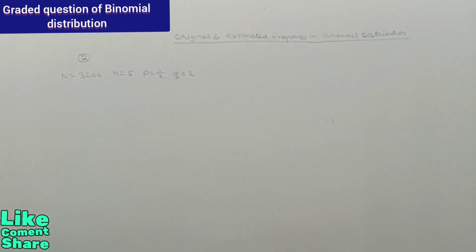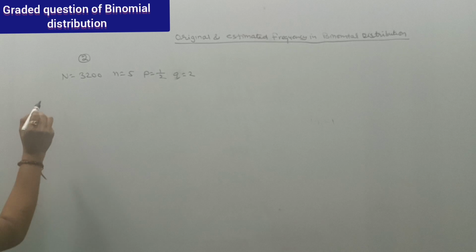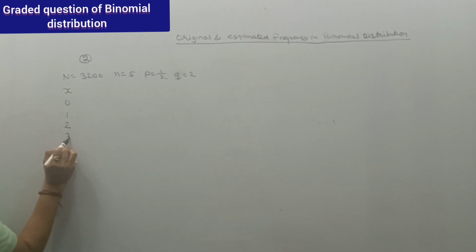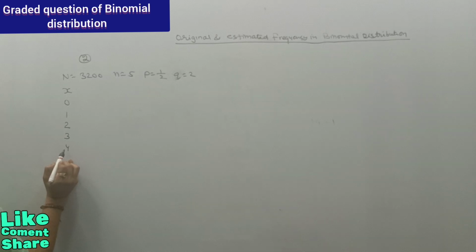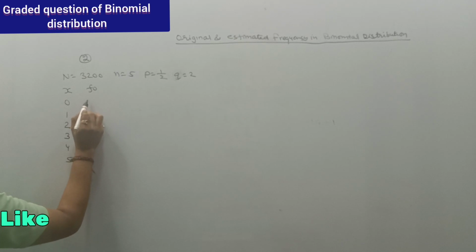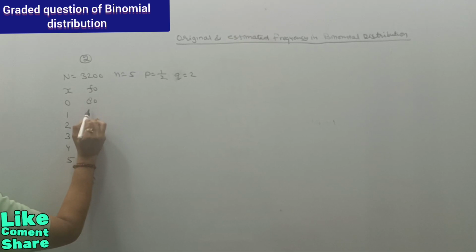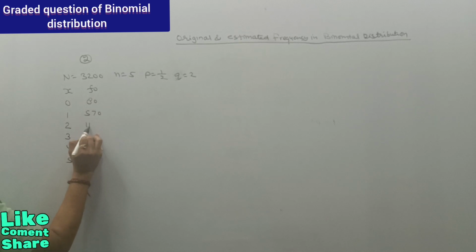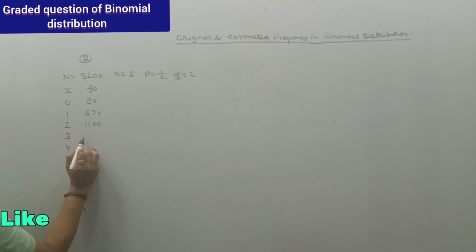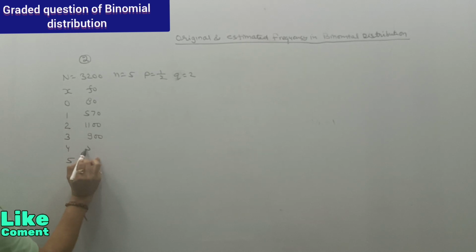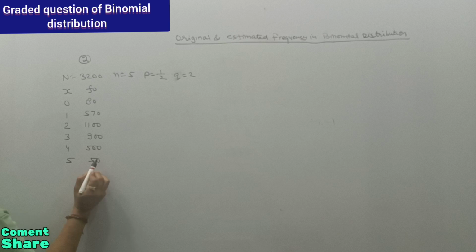The results for heads are 0 head, 1 head, 2 head, 3 head, 4 head and 5 head. The original frequencies are 80, then 570, then 1100, then 900, then 500, and the last one is 50.